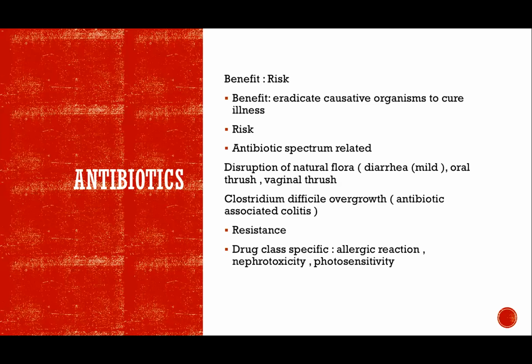For patients taking antibiotics for a long time, it's more likely to get a disturbed natural flora. So Clostridium difficile overgrowth is considered a consequence of using broad spectrum antibiotics.